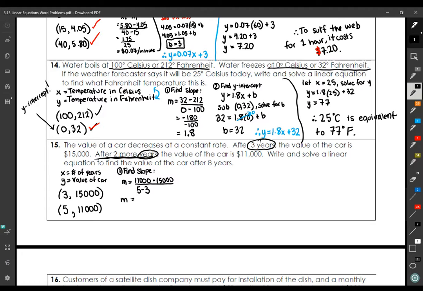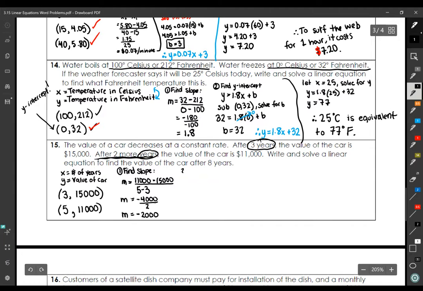It's not increasing. So 11,000 minus 15,000 gives us negative 4,000 over 2, which gives us a rate of change of negative 2,000. So that means the car's value decreases by $2,000 every year.